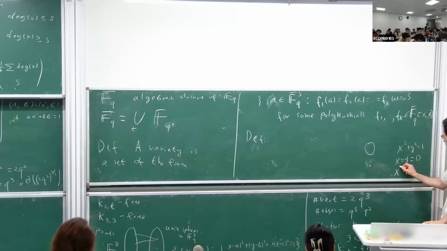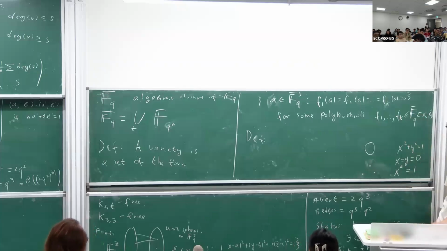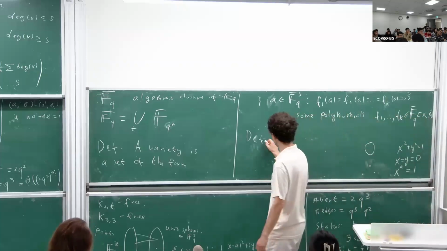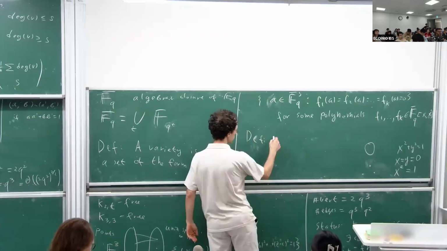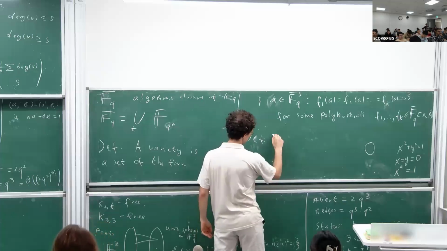For example, if you look at the equation x squared equals 1, the set of solutions is 2 points. It's still zero dimensional, but it has two parts. So to speak about it, we talk about parts. This is what's called an irreducible variety. So, definition.